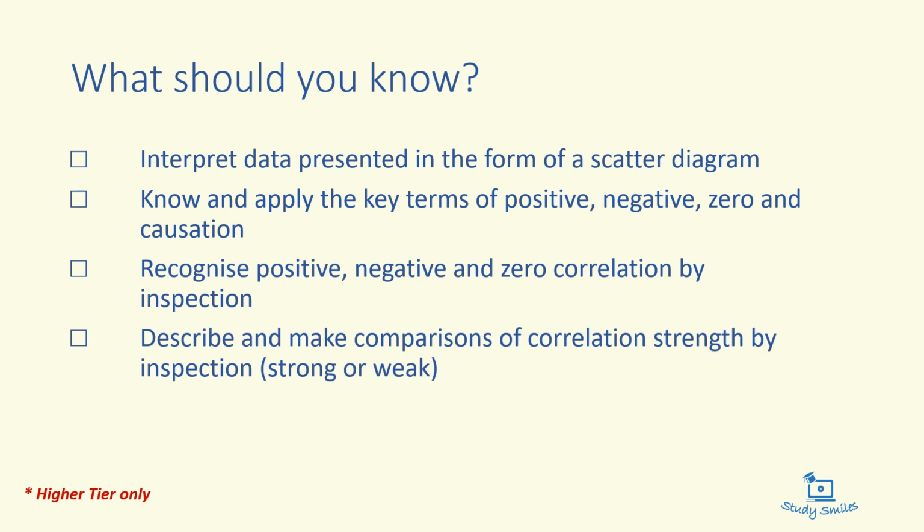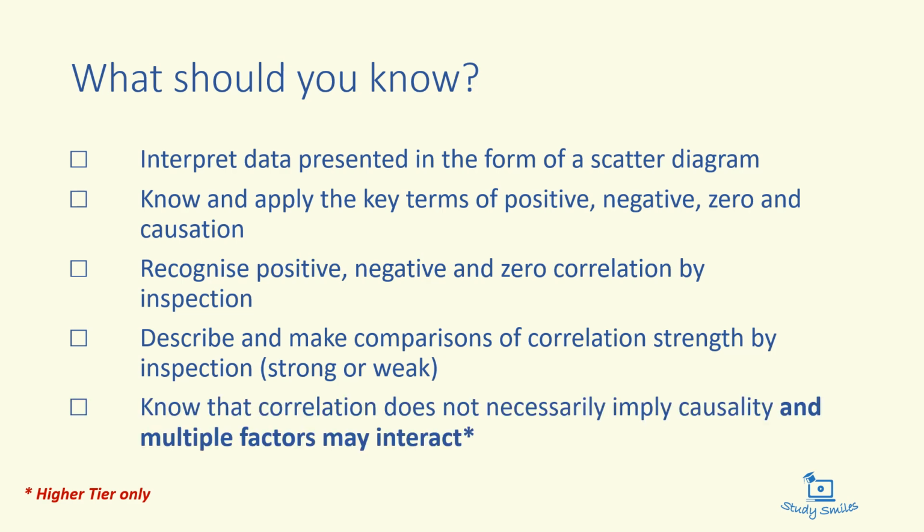To describe and make comparisons of correlation strength by inspection, so saying whether it's a strong or weak correlation. And know that correlation does not necessarily imply causality. And if you're studying at the higher tier, also know that multiple factors may interact.